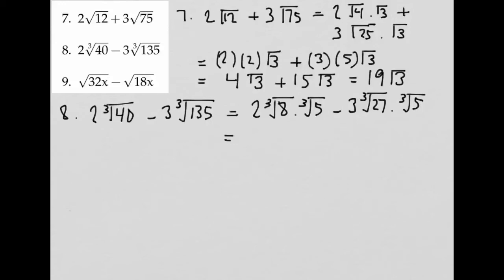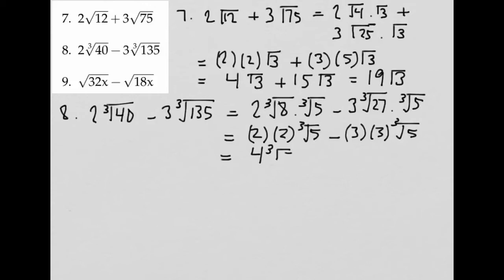That's equal to 2 times cube root of 8, which is 2, times cube root of 5 minus 3 times cube root of 27, which equals 3, times cube root of 5. That's 4 cube root of 5 minus 9 cube root of 5, and those two combine to negative 5 cube root of 5.